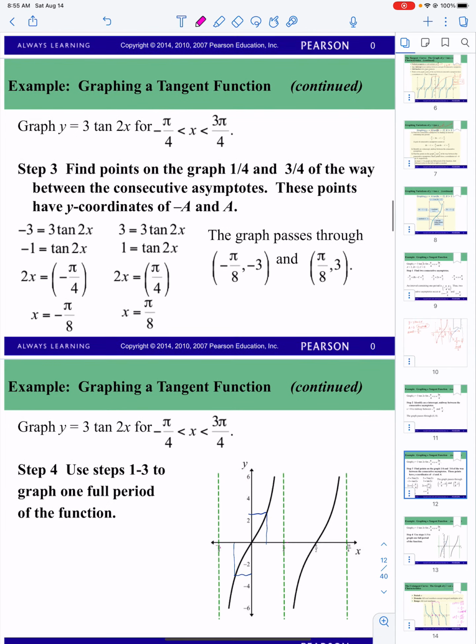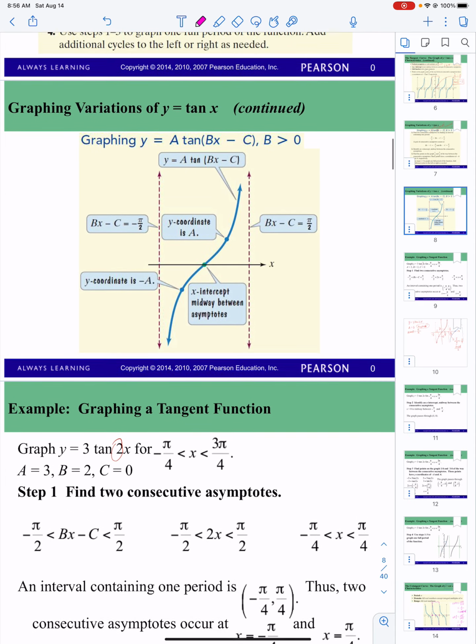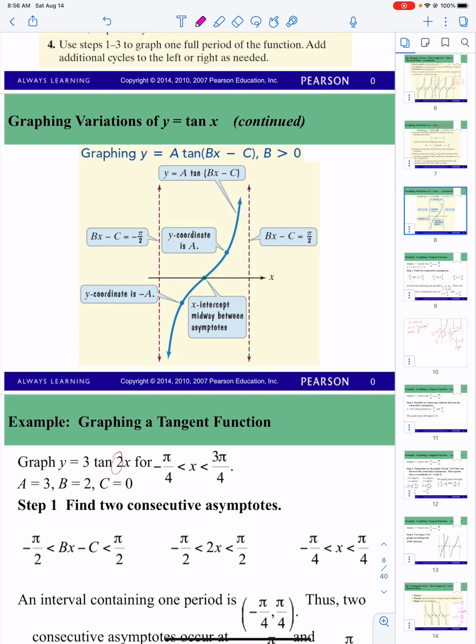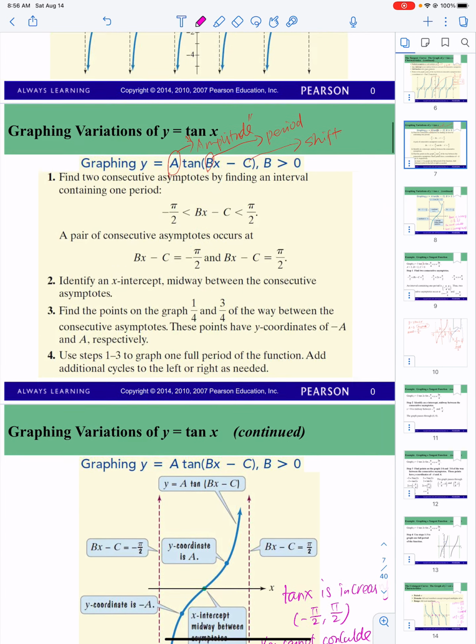Okay, so we need to mention here that tangent x is increasing from negative pi over 2 to pi over 2. But you cannot conclude tangent x is increasing from negative infinity to infinity, because you have so many parts, it repeats.